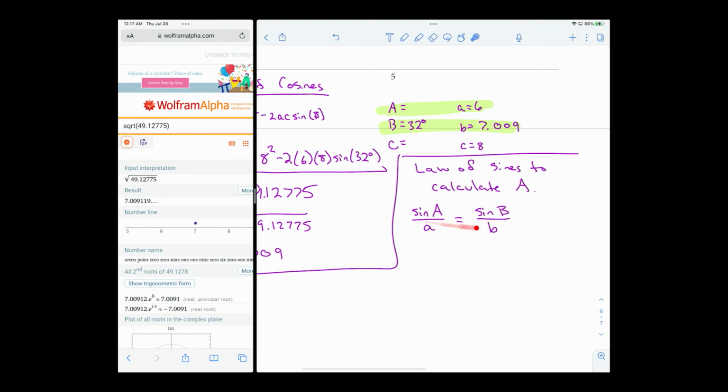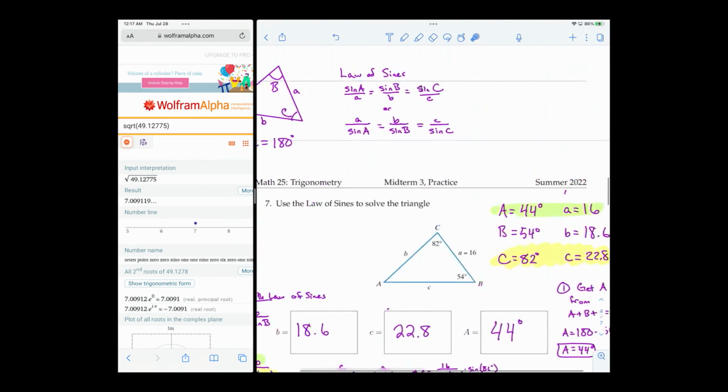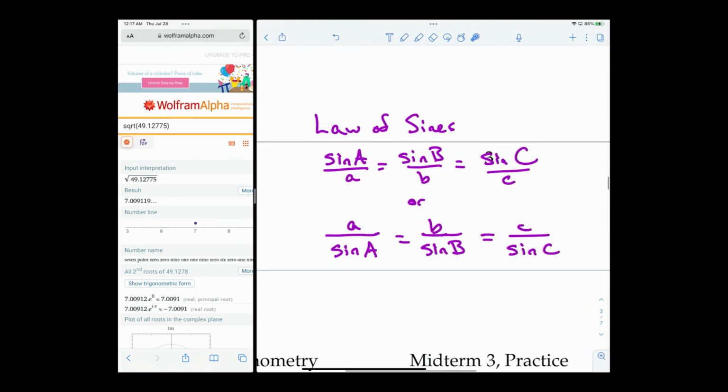Notice that this is upside down compared to how we used it last time, because this time I'm looking for an angle, capital A. Remember what I said a long time ago. We used the other form when we were looking for little a, little b, or little c. But if we're looking for capital A, capital B, capital C, you use the top form. And then you just use whichever one you want.